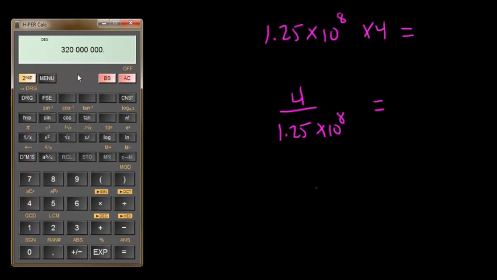Now this is the incorrect answer. Because of the same ideas we talked about in the last video, we used order of operation incorrectly. Okay? But when it comes to scientific notation, we can fix this problem really easily because we can put it in as 4 divided by 1.25, use your EXP button, to the power of 8. Now this gives us a value of 3.2 times 10 to the negative 8th, and that's the correct value.